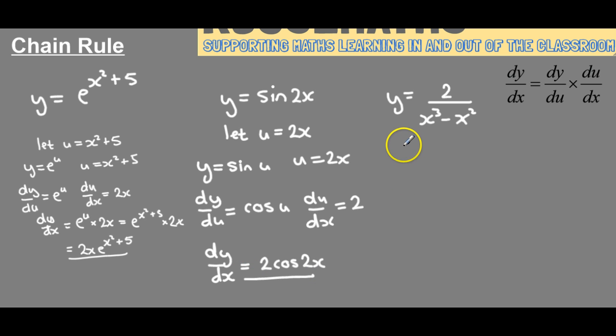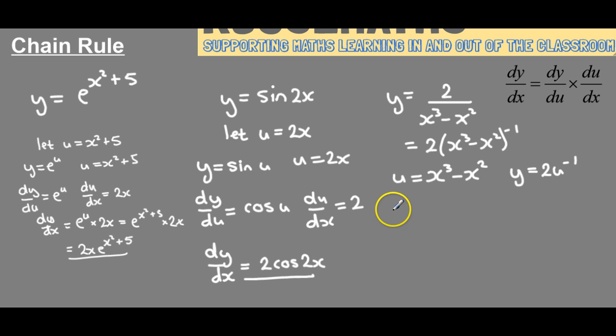Finally, there's this one. Now, before, you remember I rewrote it as 2 and then put the denominator to the -1. So in this case, see if you got it right, u will be x cubed minus x squared, and we've got y equals 2u to the -1.